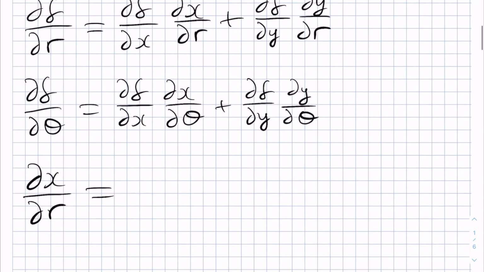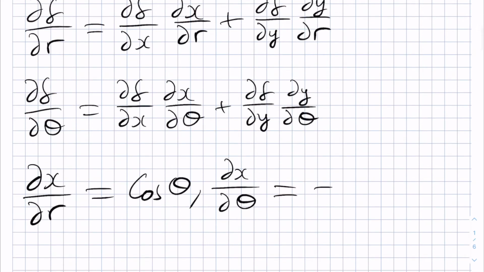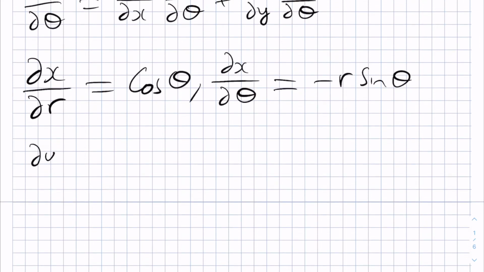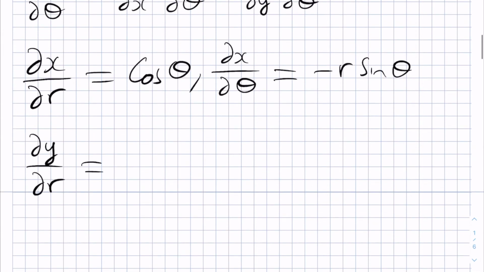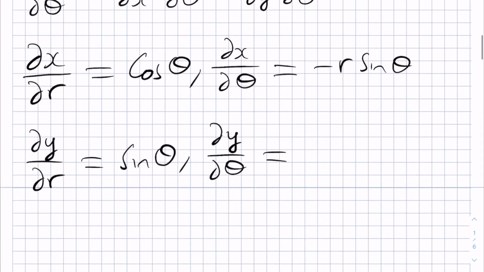This will give us cos θ, and then let's do ∂x/∂θ. That will be minus r sin θ. Next, let's do the same for y. So ∂y/∂r just gives us sin θ, and ∂y/∂θ gives us r cos θ.